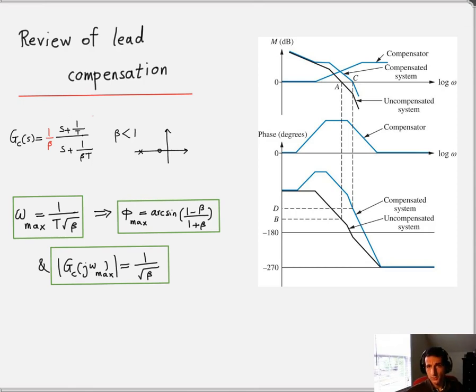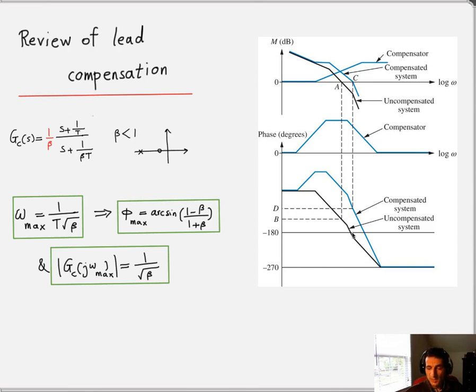phase margin. That's something you can see here. If this was the phase margin for the uncompensated system, from this point B to the negative 180 line, now for the compensated system, the phase margin is from this point D to the negative 180 degrees line. So basically, a lead compensator increases the bandwidth by increasing the gain crossover frequency.